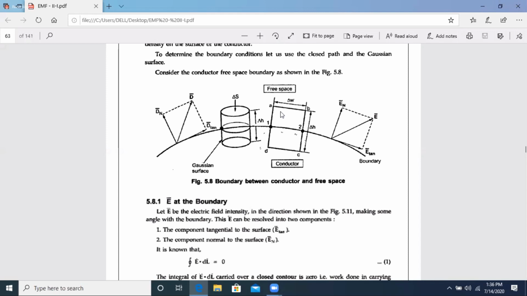E normal on this side, because we shrink it this way, is the same as E normal on this side. Because we shrink it all the way up. So we are literally touching the conductor on both sides.